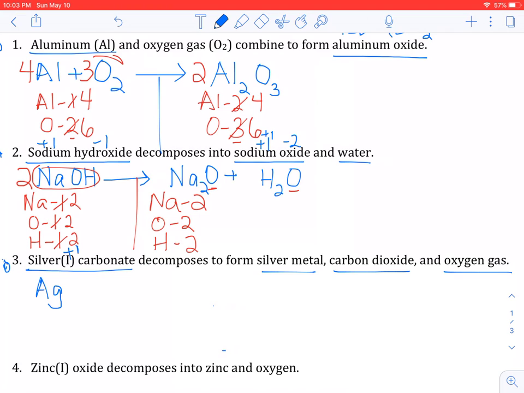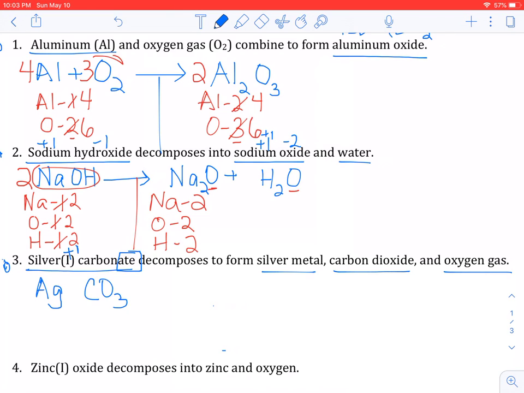The other thing I have here, carbonate, does not have an "ide" ending. So anytime you have an ionic compound that does not have an "ide" ending, that's always, always, always got to be a clue to you. Oh, it's one of those special ones. I need to look that up on my polyatomic ions list. So carbonate is CO3.